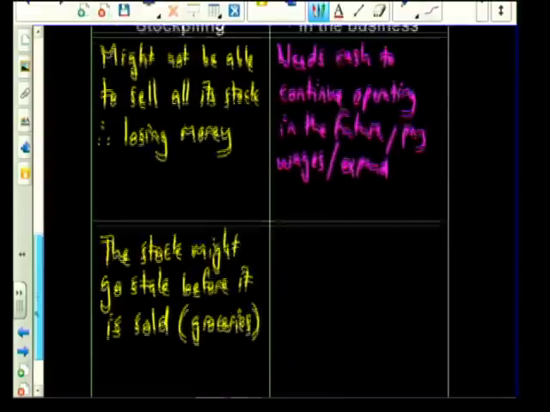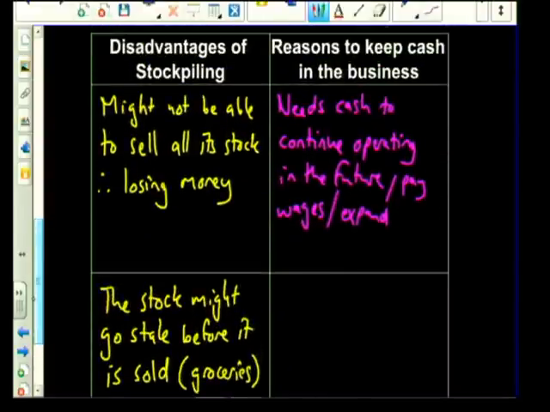But another very important reason to keep cash in the business is for safety measures, in case something goes wrong. In case some stock is lost, in case some stock is stolen, in case the business has to suddenly replace something that breaks in the business. For instance, imagine that a computer or a big machine in the business breaks down, the business might need to replace it.